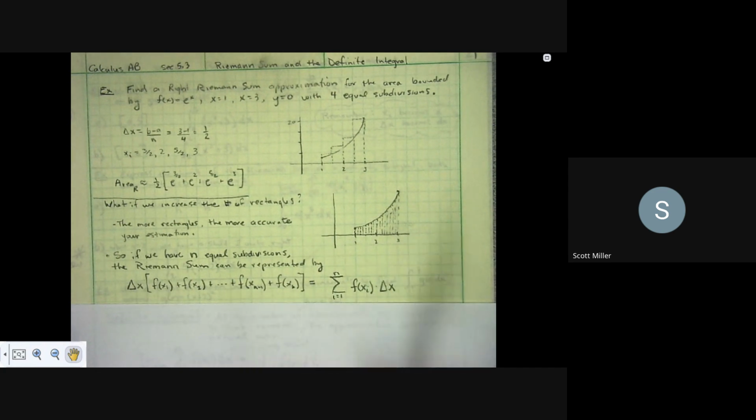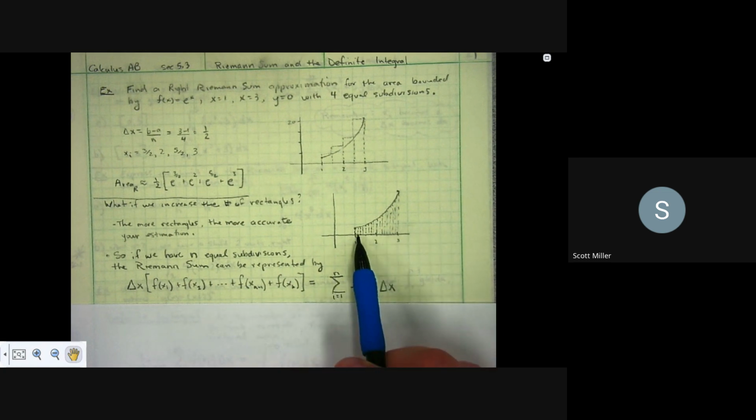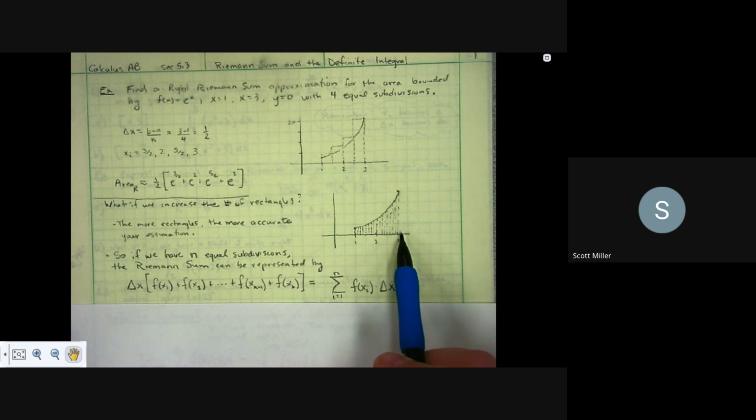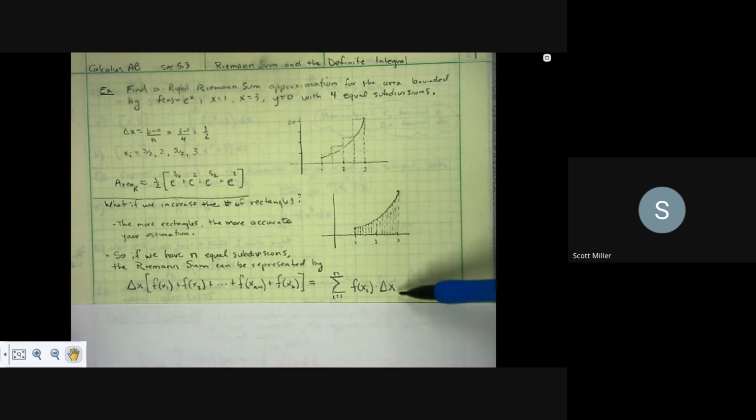It's the sum of all the areas of the rectangles. This is the width, this is the height. f of x sub i is a height, going from 1 to n, one rectangle up to as many rectangles as I want. So that is a representation of a Riemann sum.